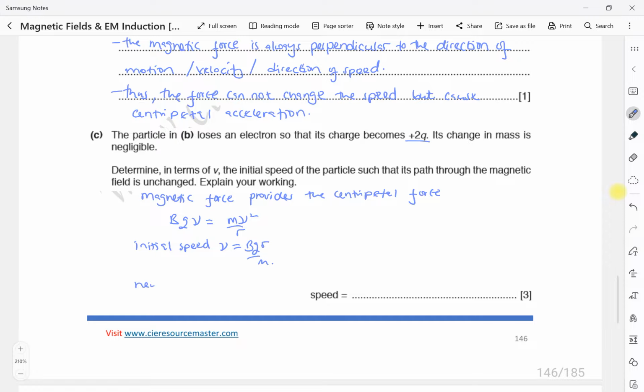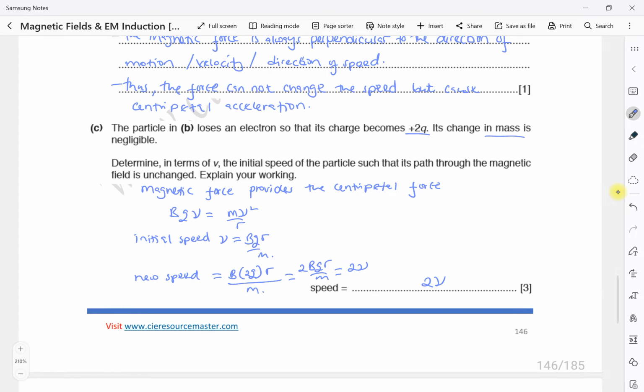So the new speed, using the same formula, is going to be B, where there is charge, I'll put there twice Q, and R, because they said in terms of V, the initial speed of the particle such that its path through the magnetic field is unchanged, so the radius of the path is the same, and they say the mass change was negligible, so this is over m. So when you simplify, this is the same as twice BQR over m, which is actually twice V. So the speed of the particle should be twice V, if V is the initial speed.